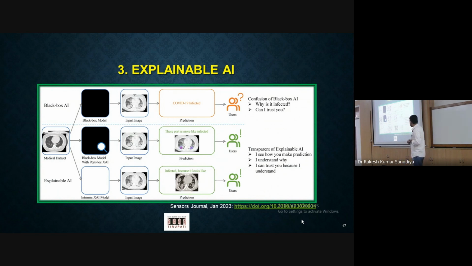Rather, suppose it says, see in the image, these are the areas which led me to arrive at these probabilities and this decision. This is one way of explaining: you will show the regions.